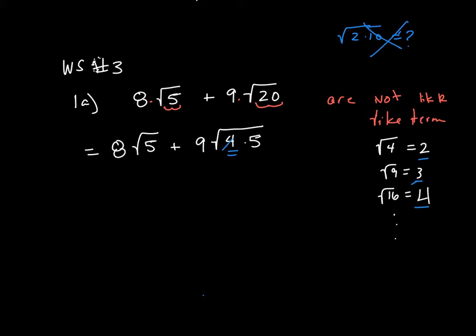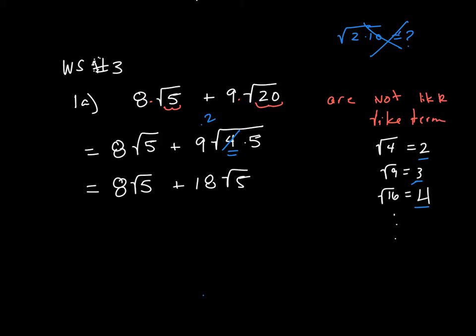So the square root of 4 comes out and is 2. And you have to multiply that 2 times 9. So now what this leaves me with is 8 square root of 5 plus 18 square root of 5.